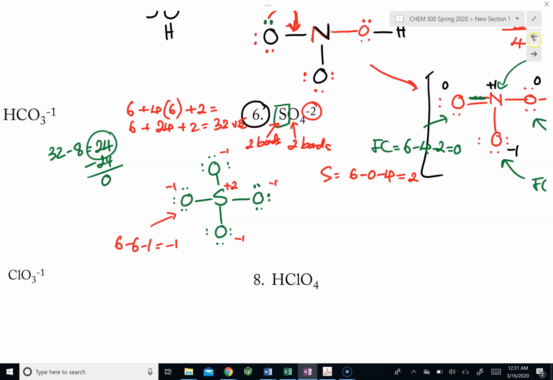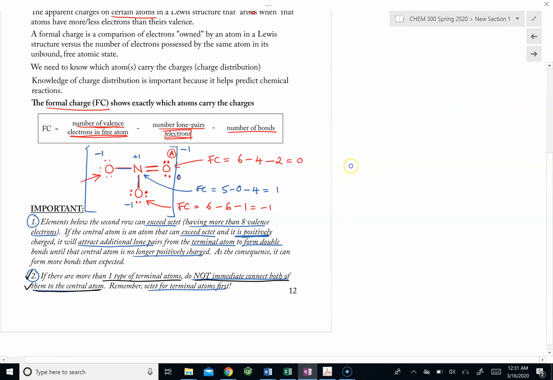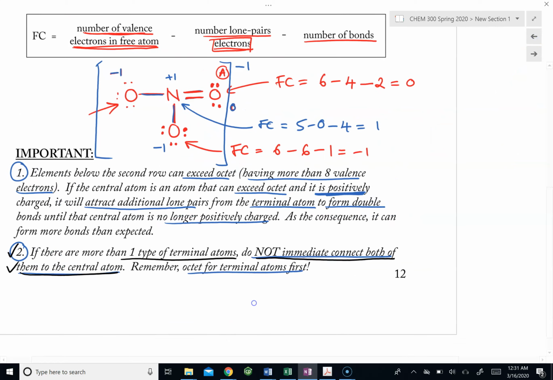So let me go back to that guideline right here. An element below the second row can exceed octet. Sulfur is on the third row of the periodic table, so therefore it can exceed octet.